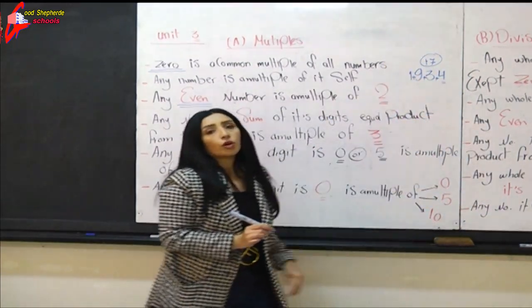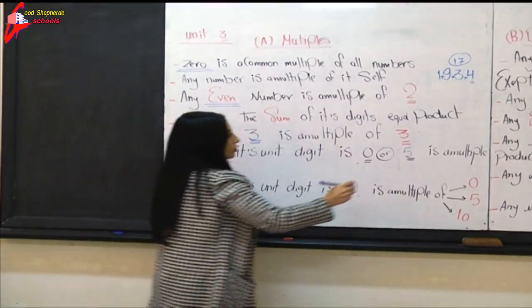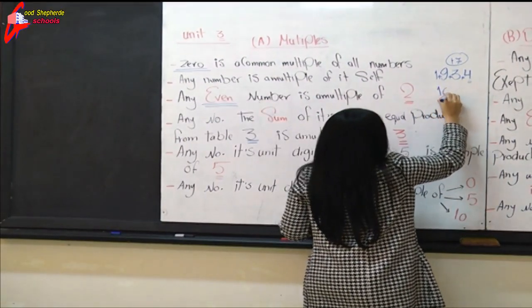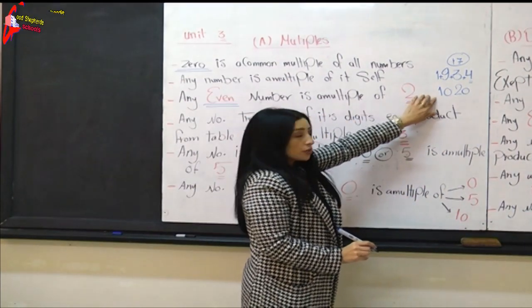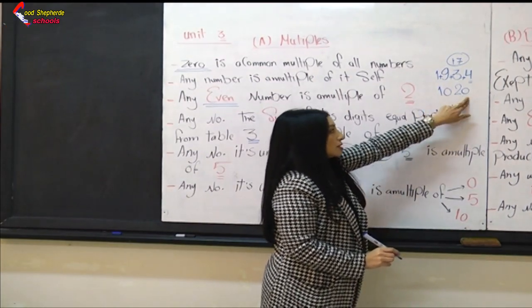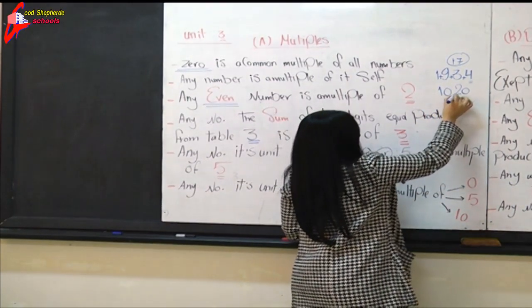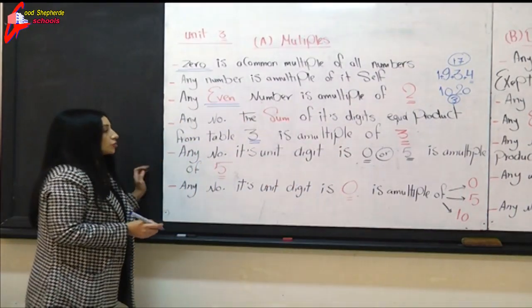This is not a product from table 3, so it's not a multiple of 3. But if we have another number like this one, 1 plus 0 plus 2 plus 0 equals 3, so we can call it a multiple of 3.